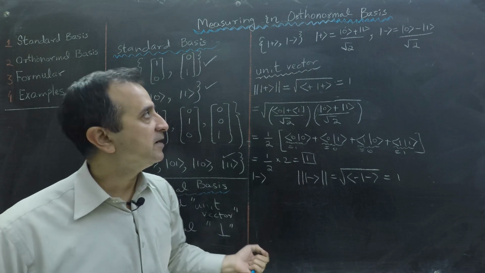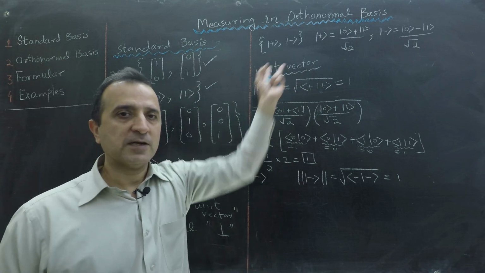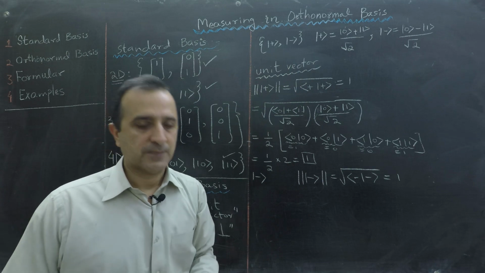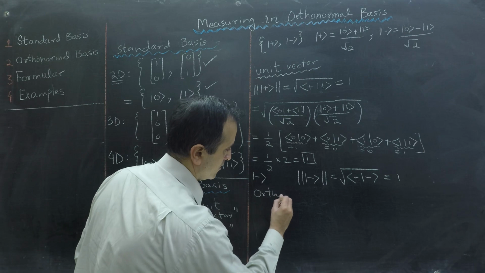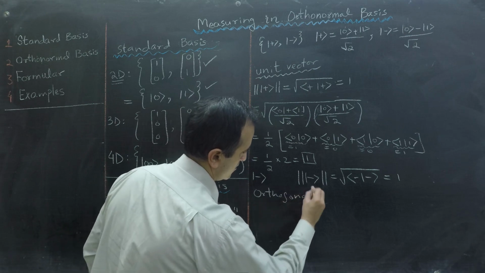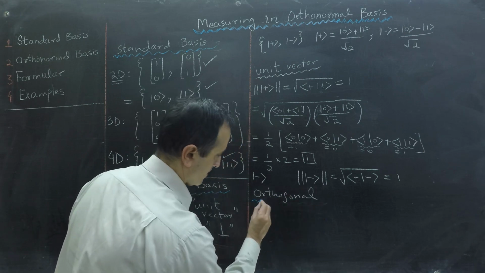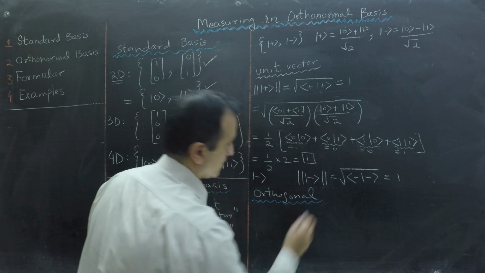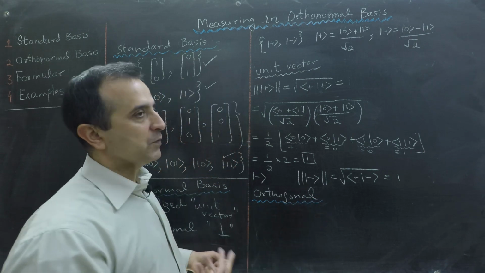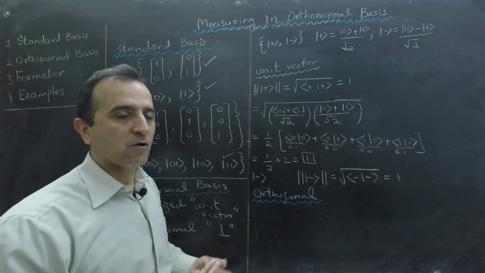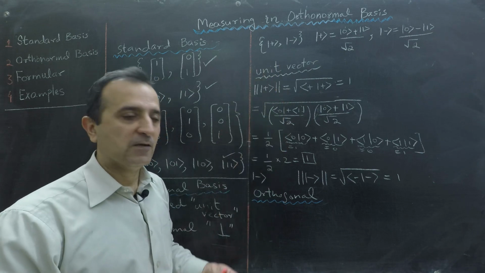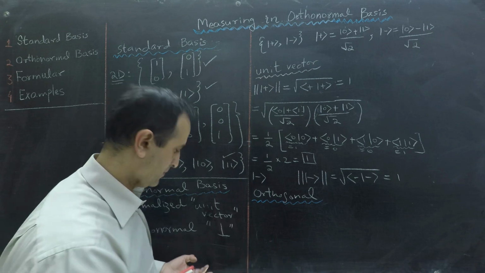Secondly, we have to verify that these two vectors are orthogonal to each other. To that end, we have to compute the inner product of these two vectors, and if they are orthogonal, then the inner product will be equal to 0.